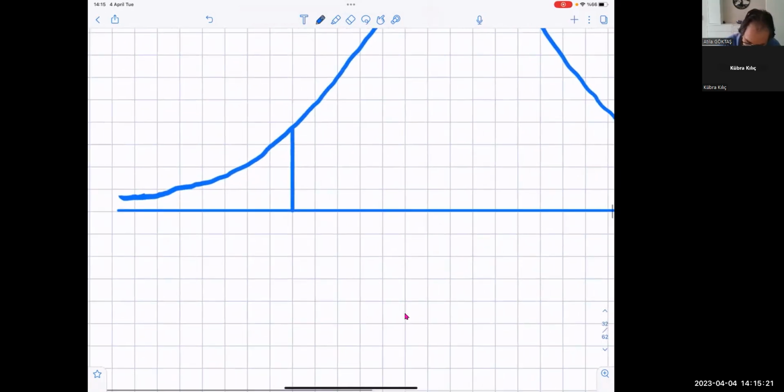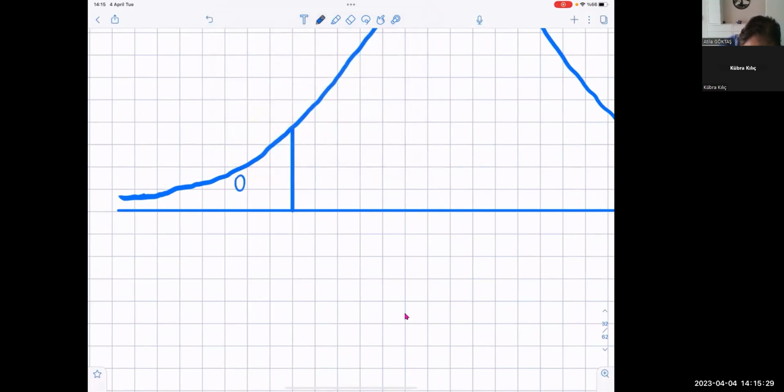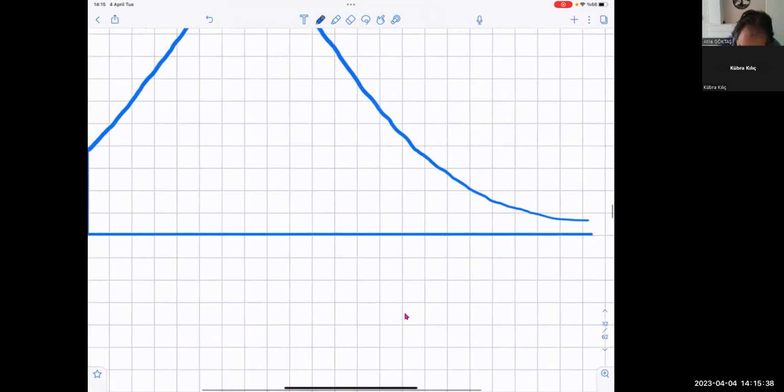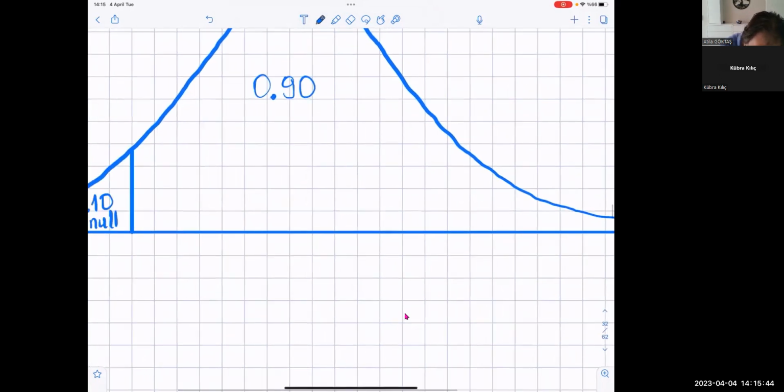So we have 0.10, reject the null. And I have 0.90, do not reject the null.